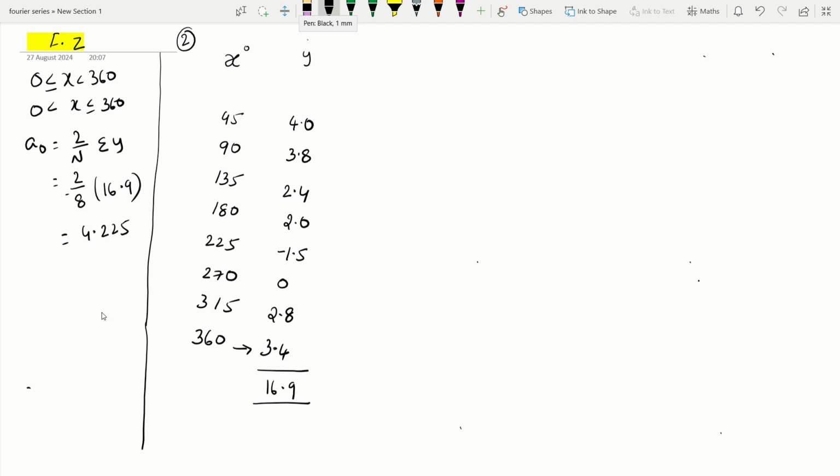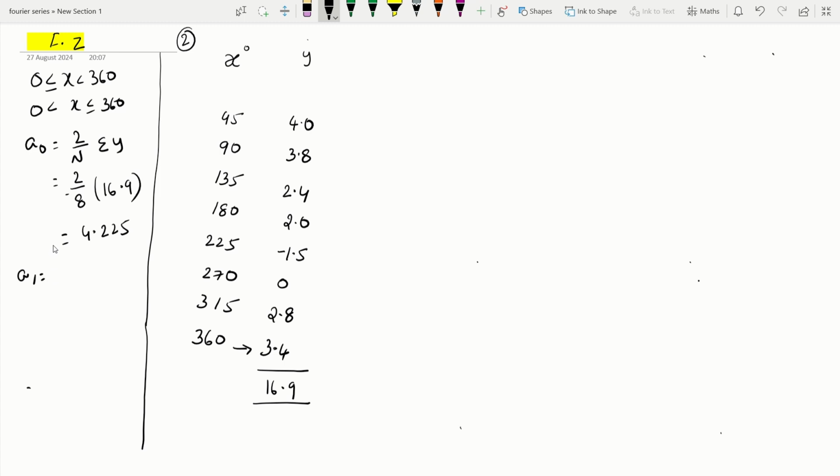Okay. Then next target is A1. A1 we need to calculate, and for this we will do up to second harmonic for practice. These two problems, if you do them, then you will be perfect and you are going to get 8 or 9 marks from this. What is the A1 formula?